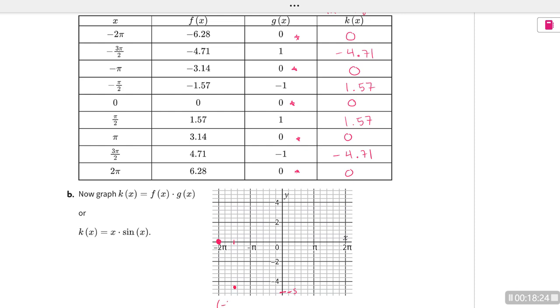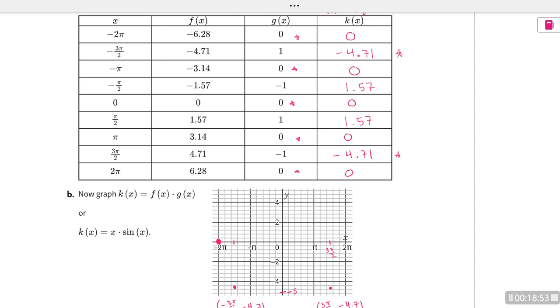Negative 3 pi over 2, negative 4.71. And I have a point that's symmetric to that on the opposite side of the axis. So let's put that down first. We don't have to go in order. This is 3 pi over 2, negative 4.71.